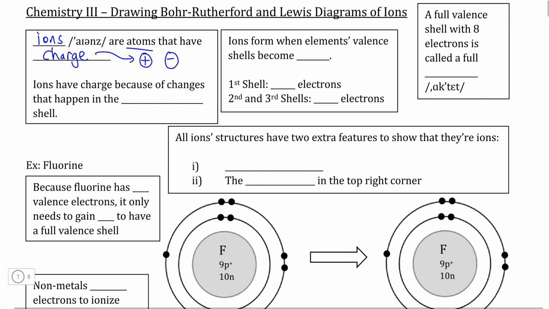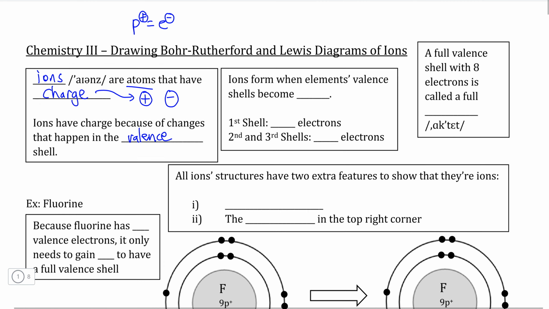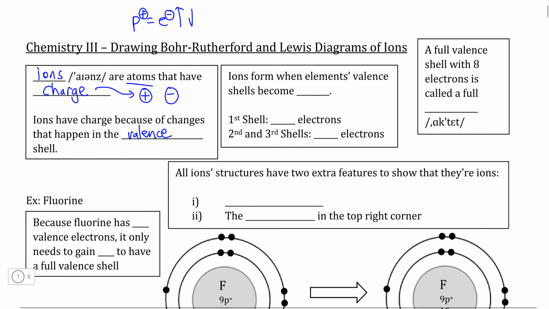However, as we're going to see, ions are specifically what happens when we change the number of electrons in the valence shell, and by either increasing or decreasing the amount of electrons, that results in negative charge or positive charge.